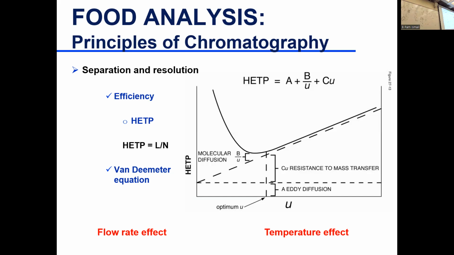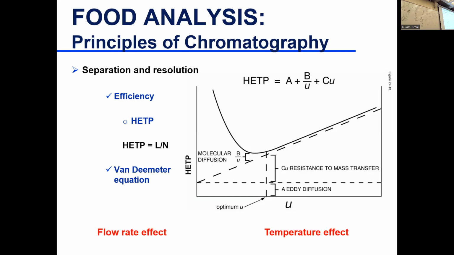So basically, the higher the B value, the higher is the height. So you want very small particle size with very small pores. All particles are porous, so you don't want really big pores.